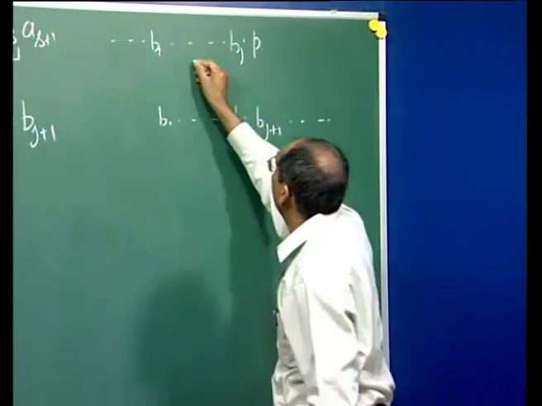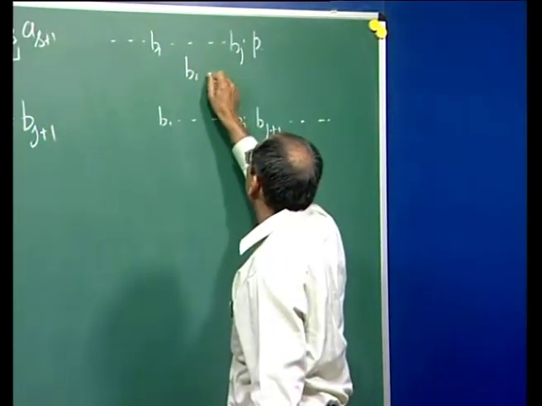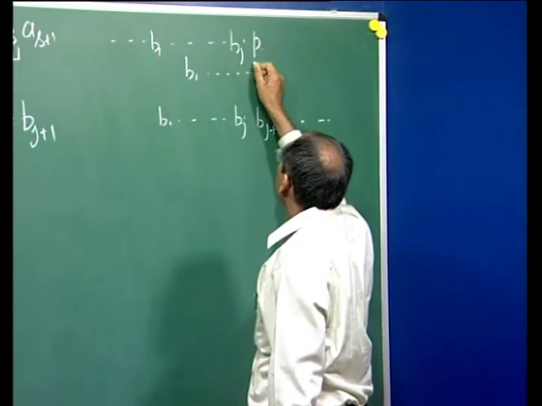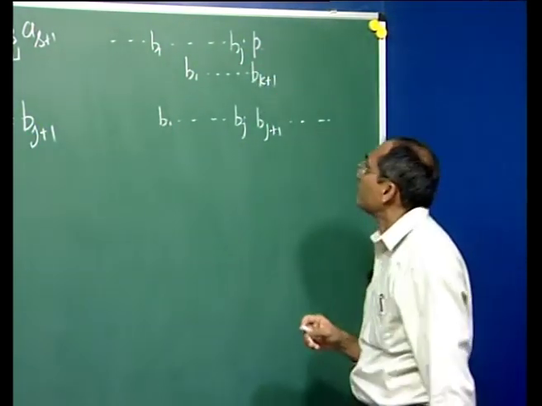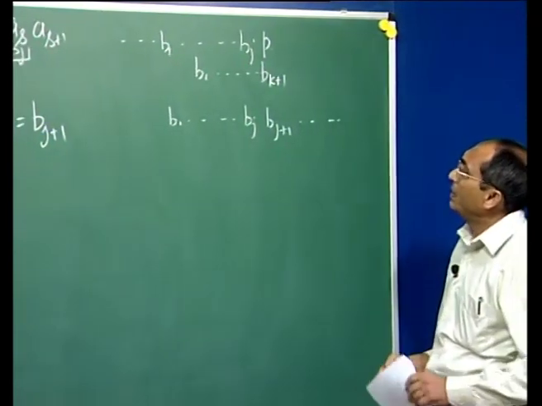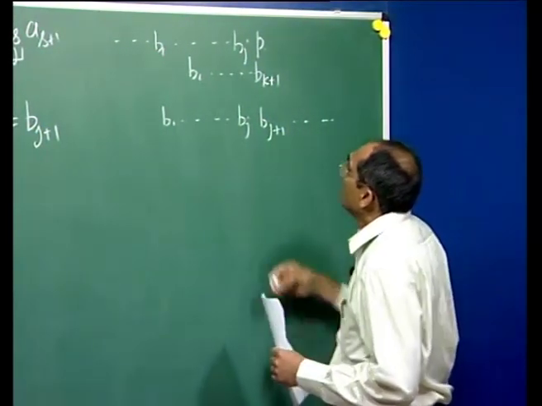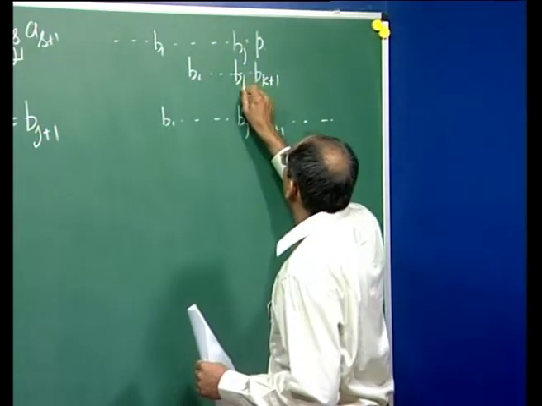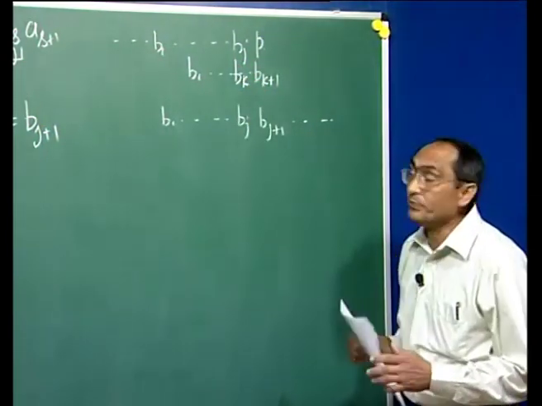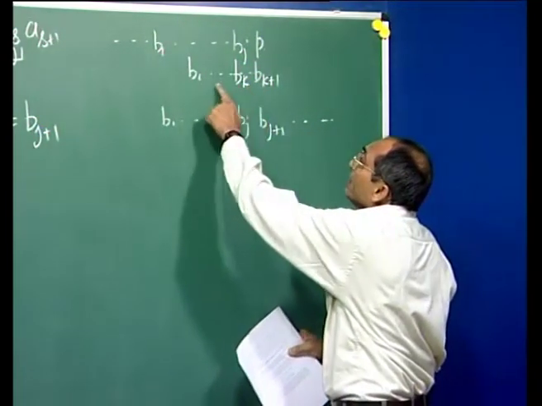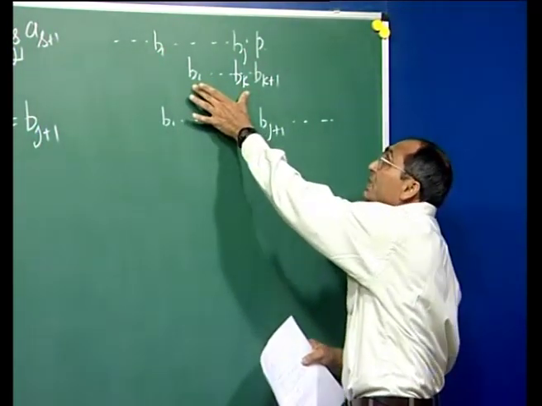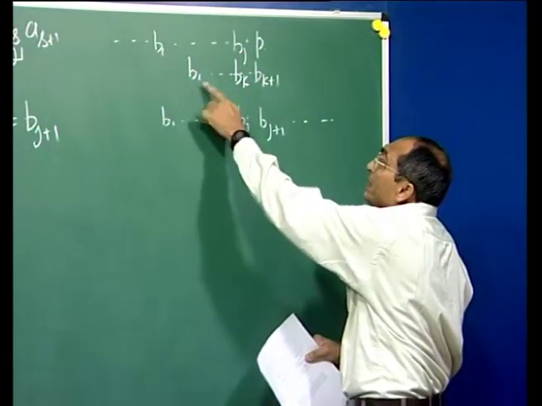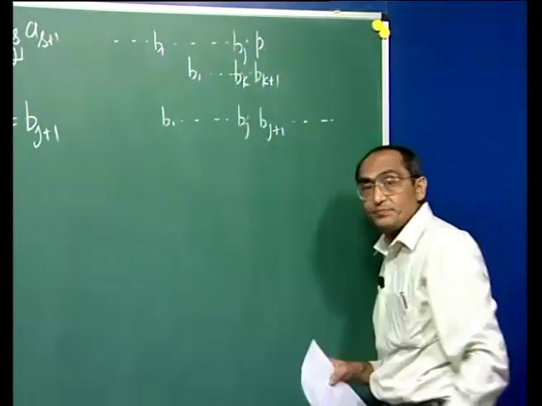So, suppose we have some other location where this goes up to some bk plus 1. In that case, b1 through bk, which is already an initial substring of the pattern string, must also be a terminal substring of b1 through bj.